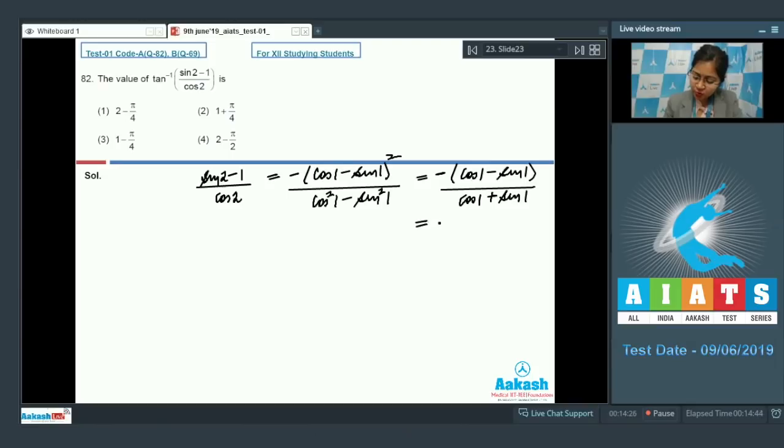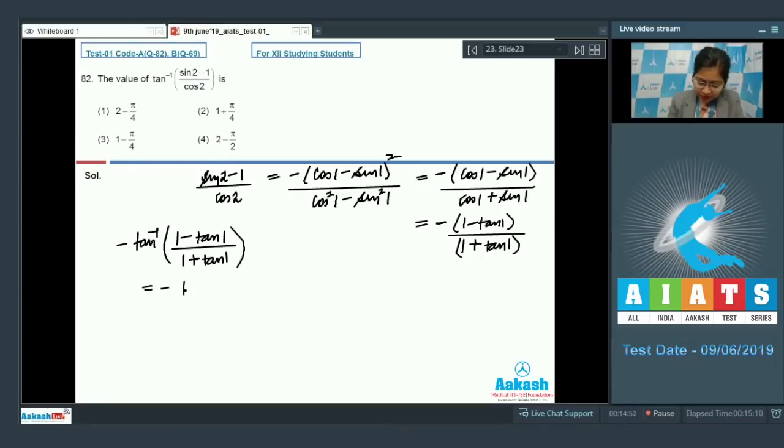So this is equal to minus of, dividing by cos 1 in the numerator and denominator, 1 minus tan 1 divided by 1 plus tan 1. So we have the value of tan inverse, where minus can be taken out, and we are left with 1 minus tan 1 upon 1 plus tan 1.